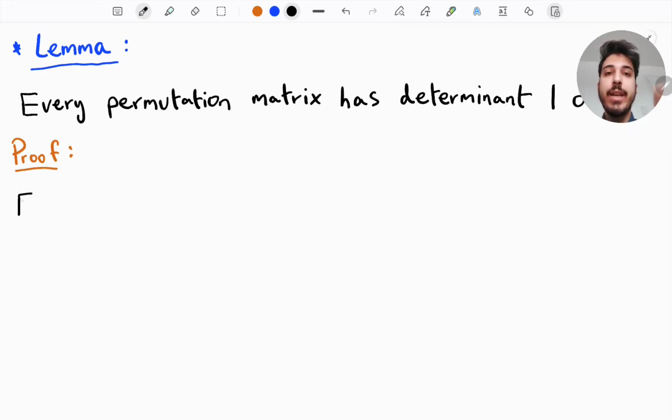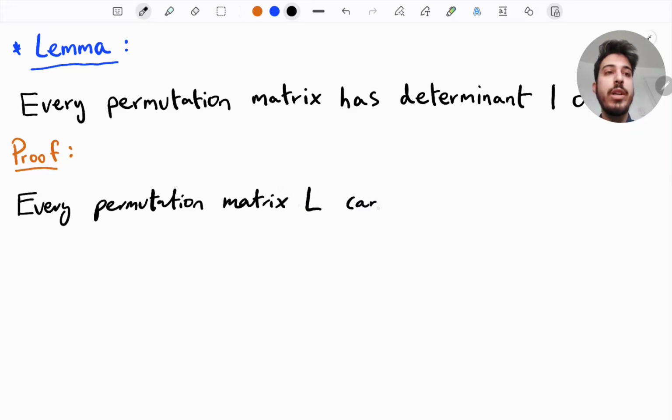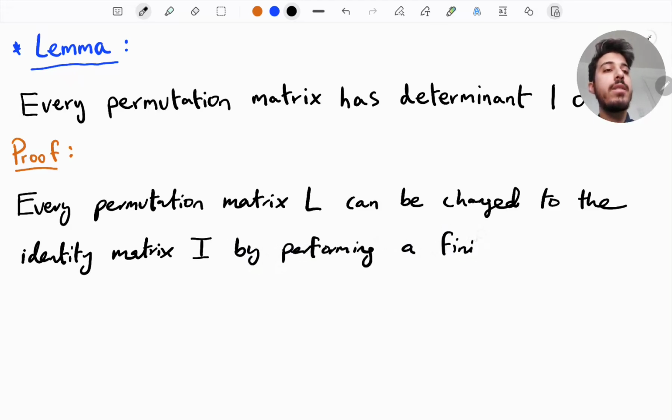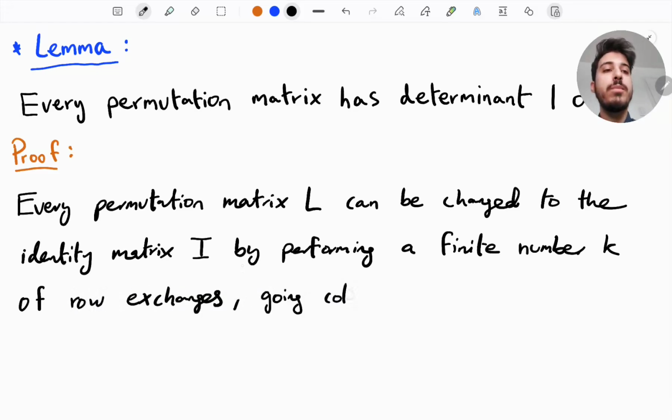So I will write that every permutation matrix L can be changed to the identity matrix I by performing a finite number K of row exchanges, going column by column so that K is minimal.